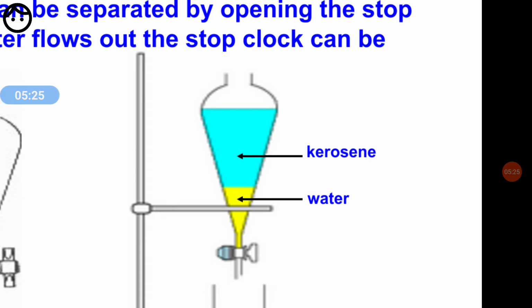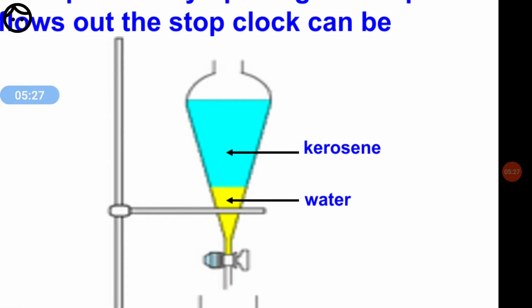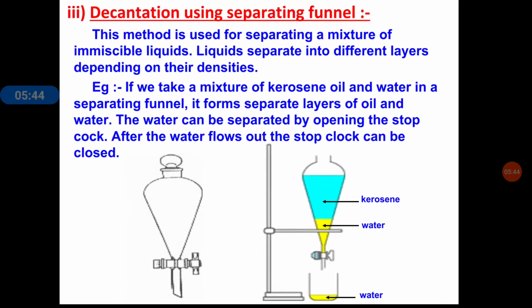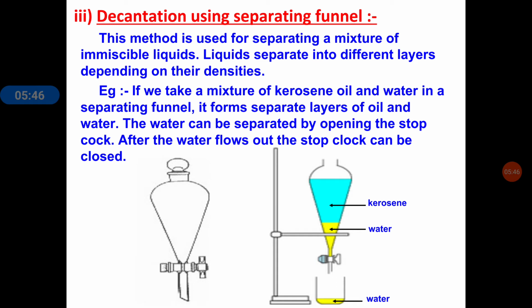You are able to see this in the diagram. Then you open the knob of the separating funnel, and after some time you find that the water is collected down in the beaker and the kerosene remains in the separating funnel. So in this way you can separate two immiscible liquids through the separating funnel, and this method is called decantation.